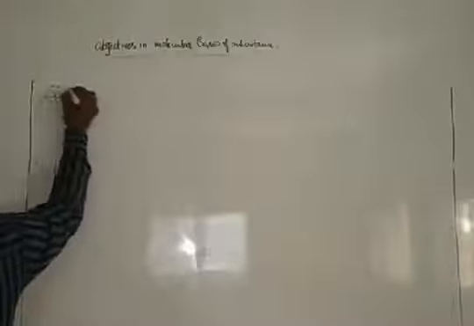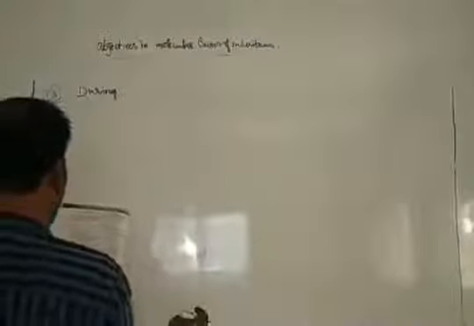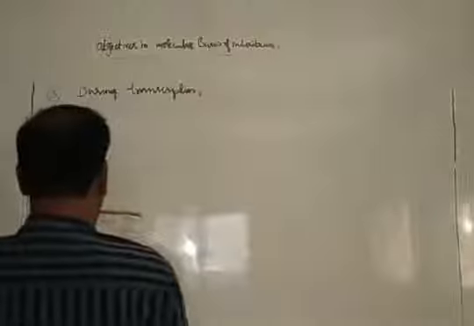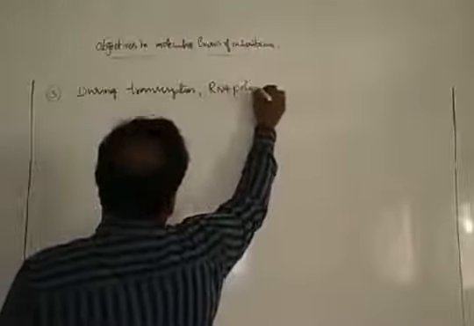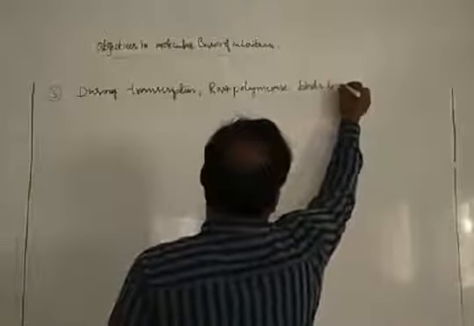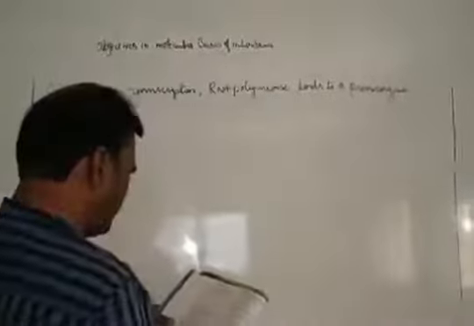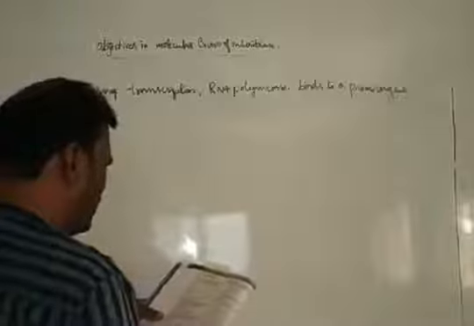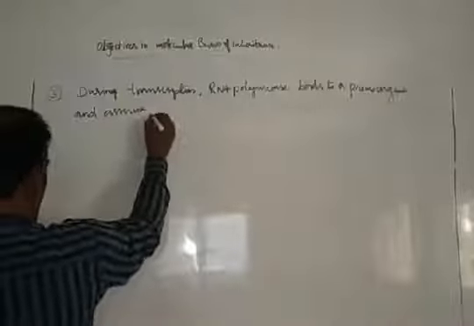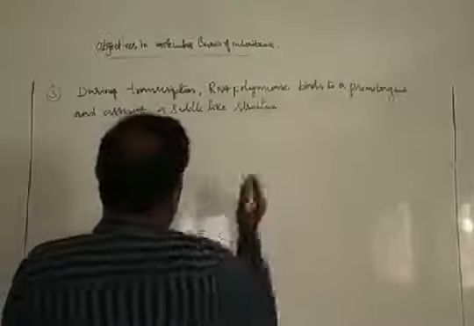During the transcription, RNA polymerase binds to a promoter gene and assumes a saddle-like structure.